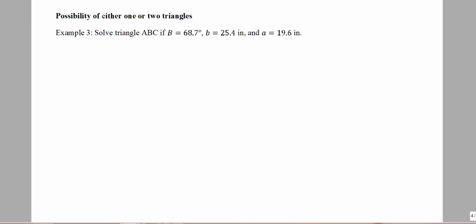Here in example 3, we once again will consider the possibility of having either one or two triangles. And we are asked to solve triangle ABC if we are given angle B, side B, and side A. So we're going to draw a quick little sketch of our triangle. Label the knowns.